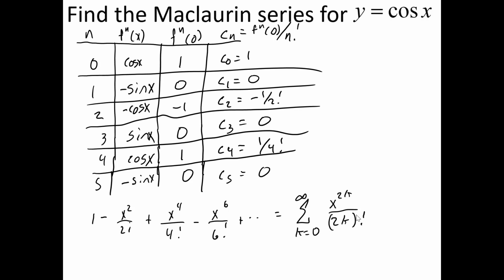And you can then find the interval of convergence. So you have the summation from k equals 0 to infinity of x to the 2k over 2k factorial.